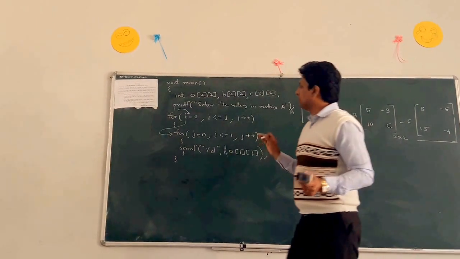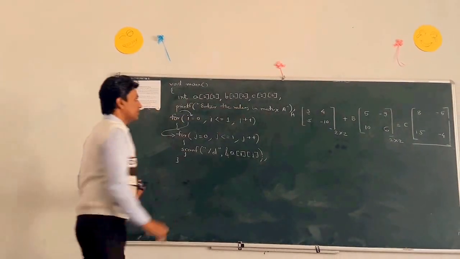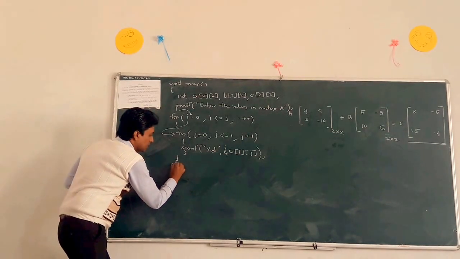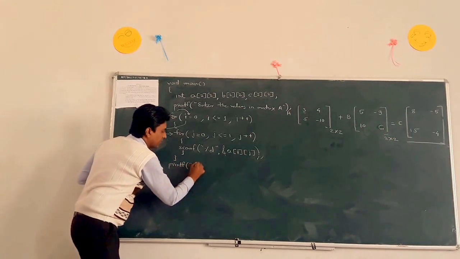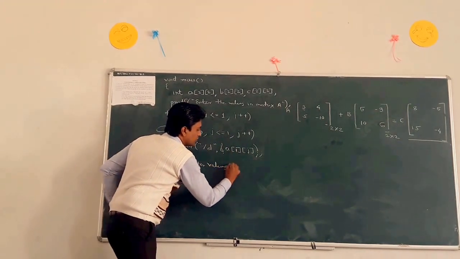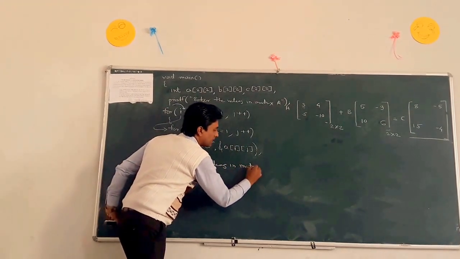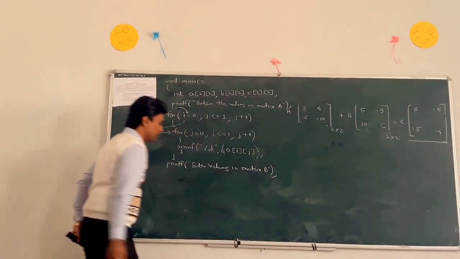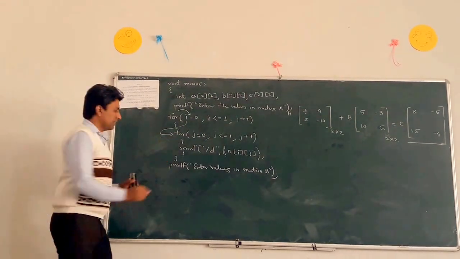Okay, next, what is next? Enter the values in the second matrix. So the next statement is printf, enter values in matrix B, double quotes complete, semicolon.